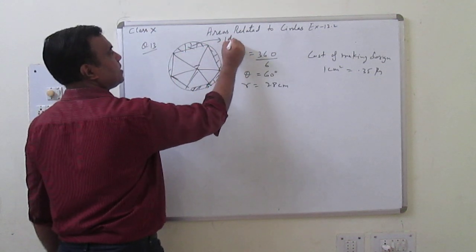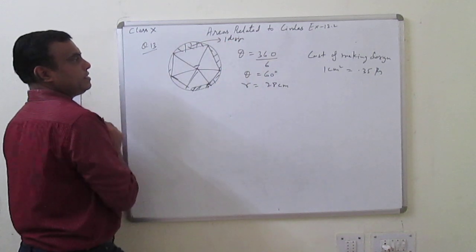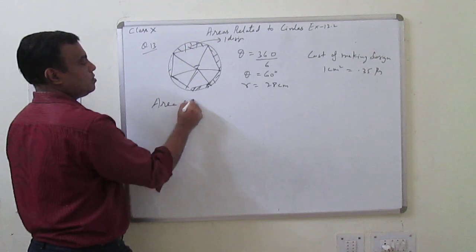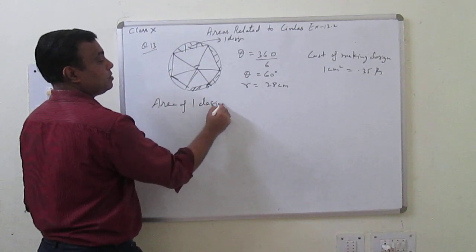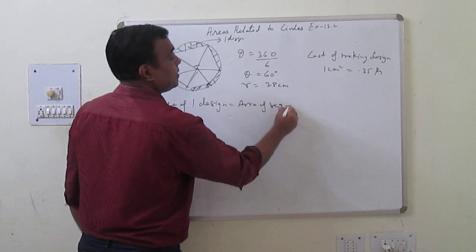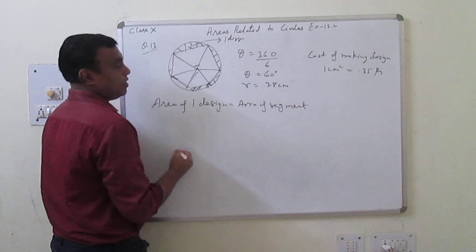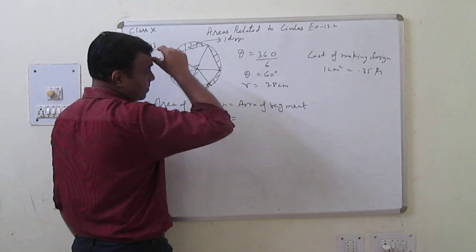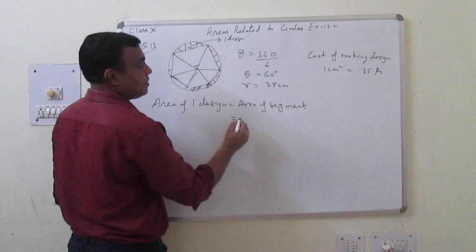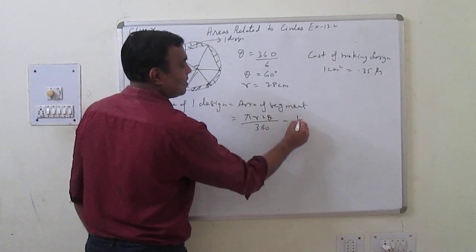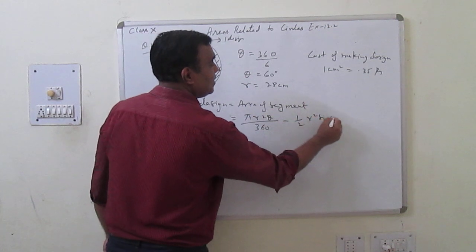Total there are 6 designs. So area of one design is equal to area of one segment. So what will be the area of minor segment? Pi r square theta upon 360 minus half r square sin theta.